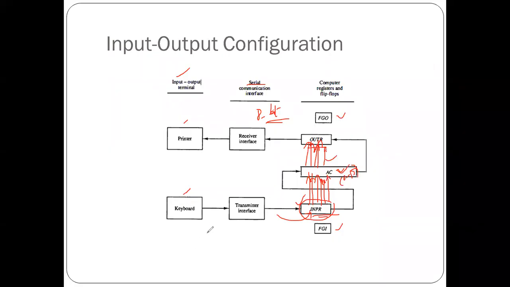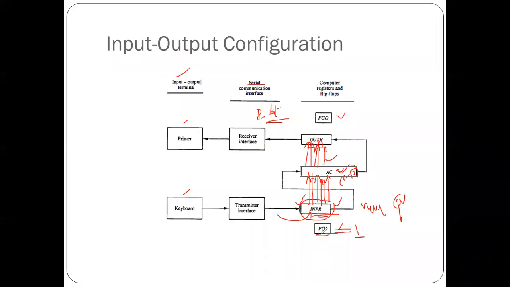Whenever you press a key, the corresponding key code is shifted to the input register serially. It takes a certain time to do so. As and when a new key code is available in the input register, after placing that new key code, the input device sets the flag FGI, which is the input flag, to 1.